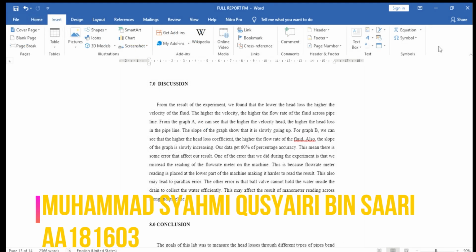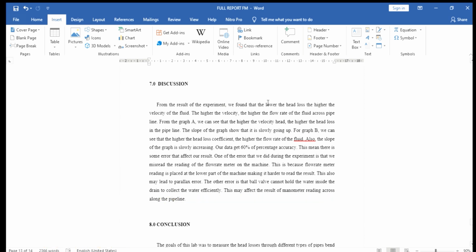So I am going to explain the discussion for our experiment. From the result of the experiment, we found that the lower the head loss, the higher the velocity of the fluid. The higher the velocity of the fluid, the higher the flow rate of the fluid across the pipeline. From graph A, we can see that the higher the velocity head, the higher the head loss in the pipeline.